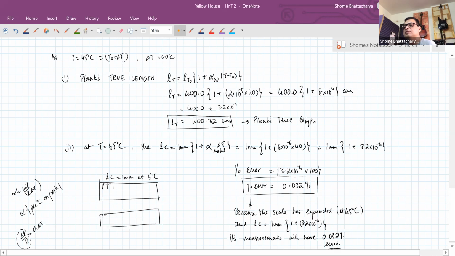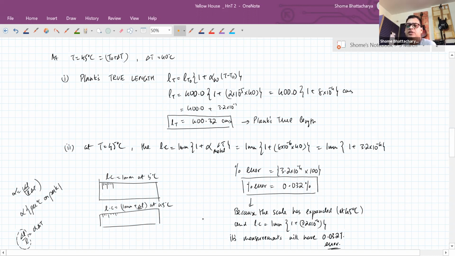So as it expands, the divisions come a little further apart at the new temperature. So the least count becomes 1 millimeter plus some delta L at 45 degrees C. So that delta L is inducing the error. You understanding? So what is supposed to be 1 millimeter is now actually a little bit longer than 1 millimeter.